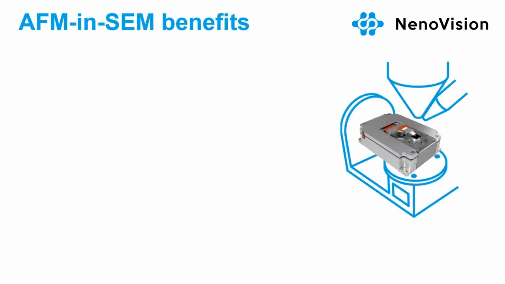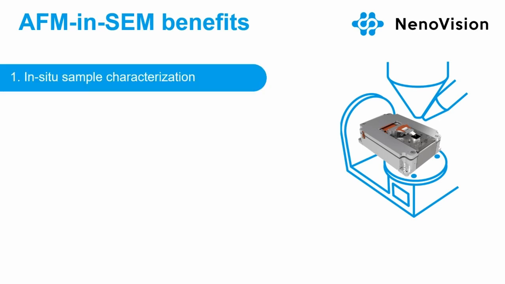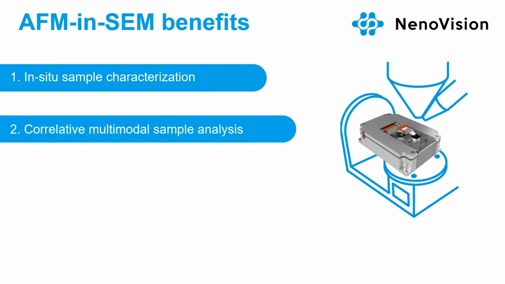If I should highlight the three key main benefits which we see in AFM-in-SEM, one of them is in-situ sample analysis. Simply, you perform everything inside one chamber and together. The second point is correlative multimodal sample analysis, which means that we can analyze the properties using AFM, using SEM, and then correlate them together.